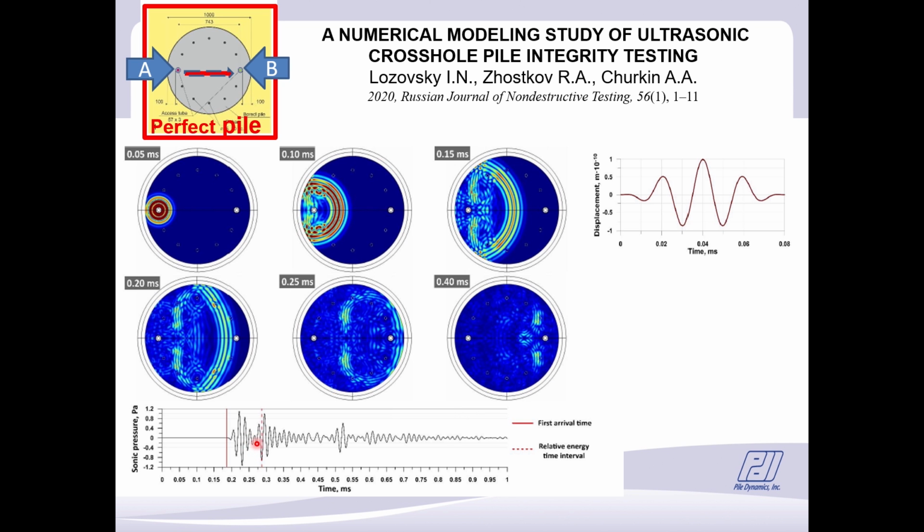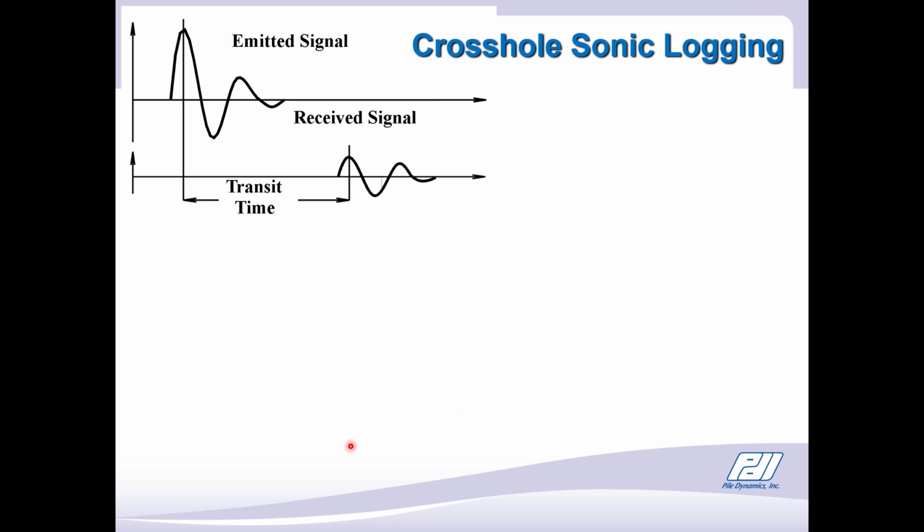The signal goes on and rings, and it's not the simple signal that we had input, because there are reflections all over from the edges and reflections from the back wall and so forth. So in a very simplistic manner, we emit a signal from the transmitter, and we receive the signal sometime later due to the transit time through the concrete at the receiver.